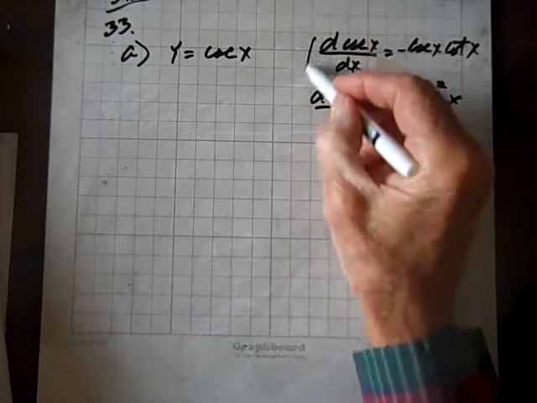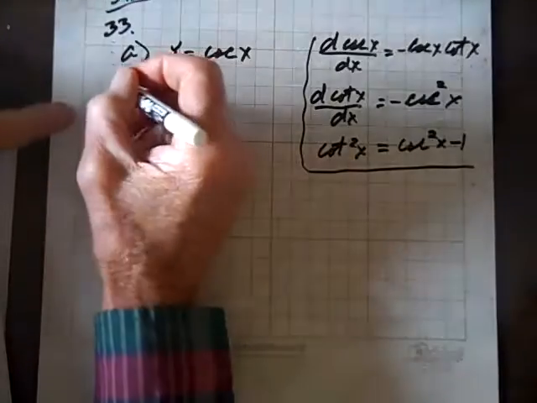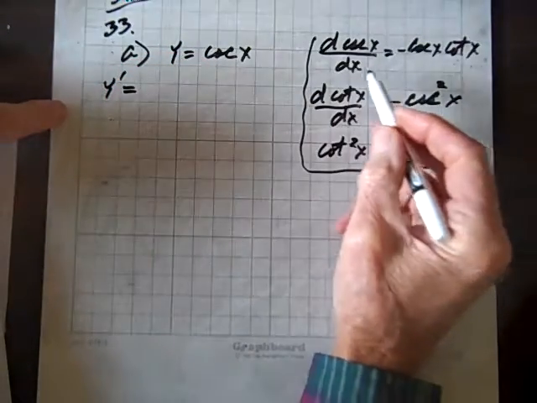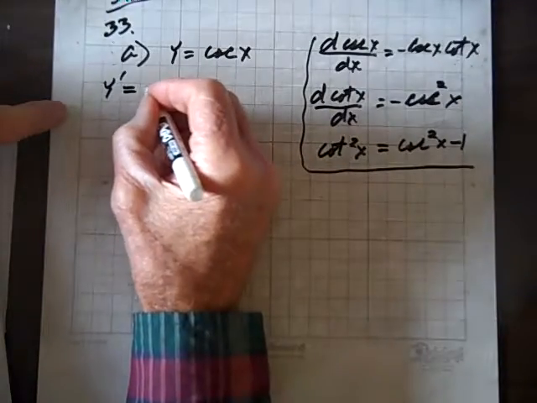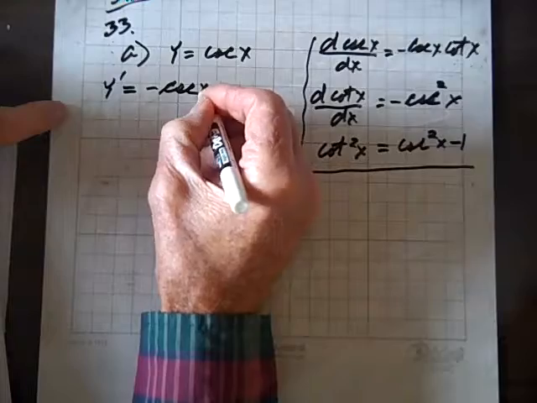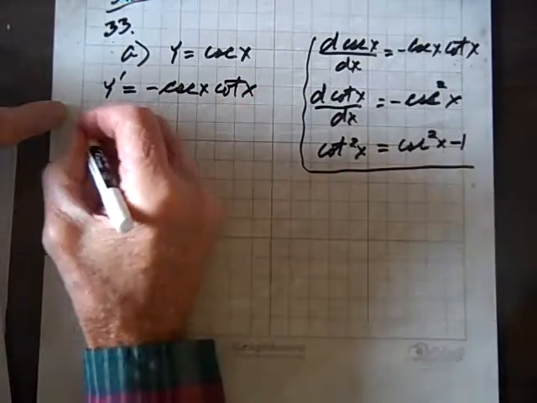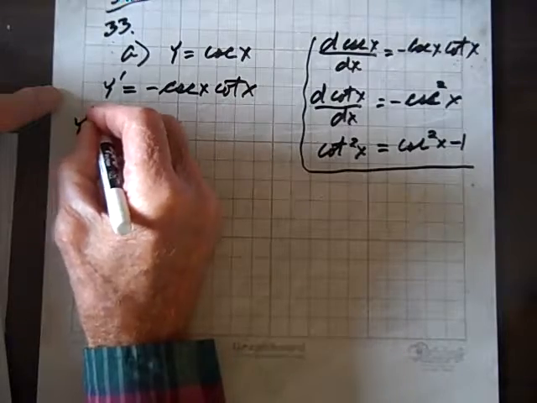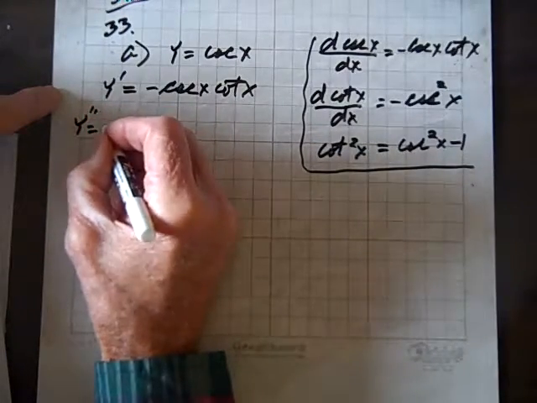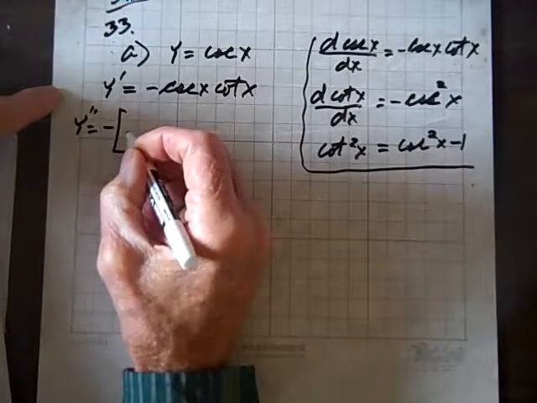Now with those three identities, we should be able to find the second derivative of this. So the first derivative, y prime, equals, and we're given that, aren't we, minus cosecant of x times cotan of x. Now, so y double prime equals, and we'll hold, first of all, we'll stick that negative right there and get rid of it out of our way.